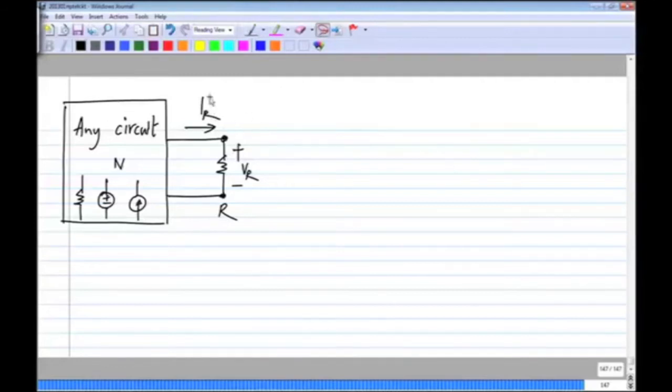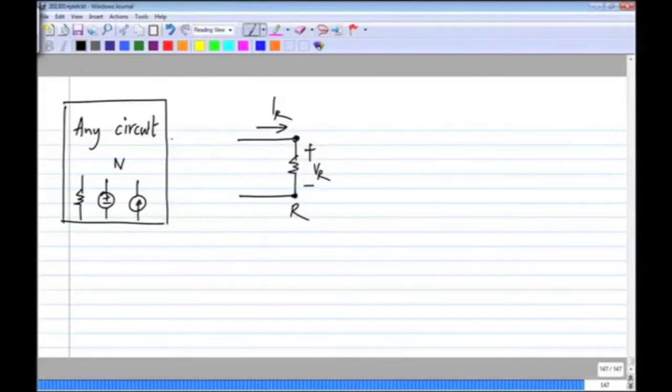Now what I will do is, in series with this particular wire, I will break this wire, and add two voltage sources of equal and opposite value, and the value I choose to be VR. And what is VR? Whatever voltage was across this resistor.